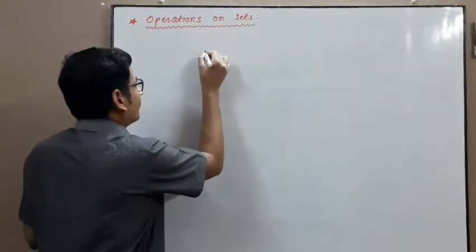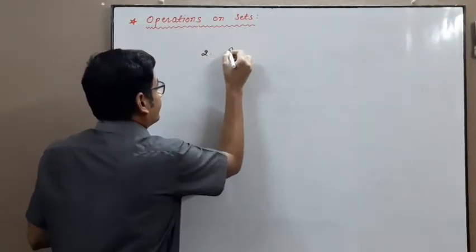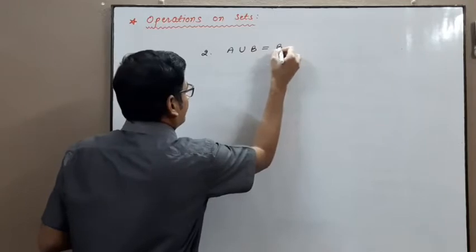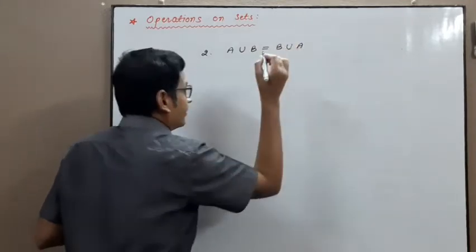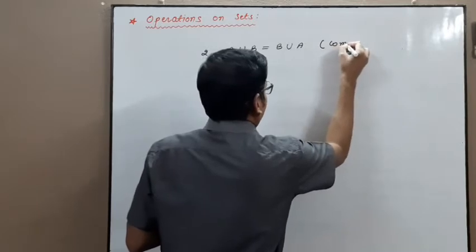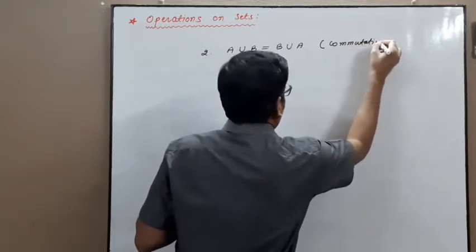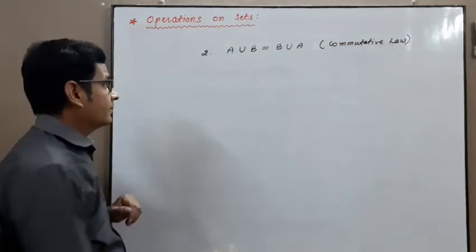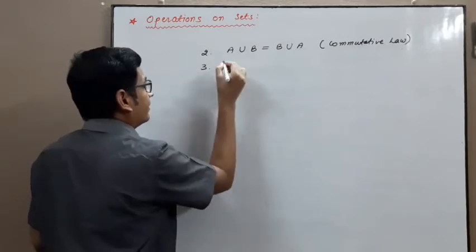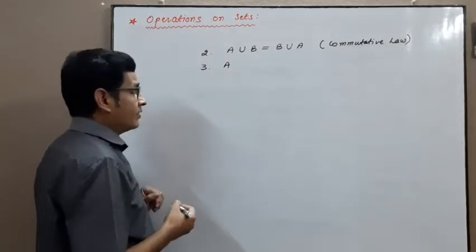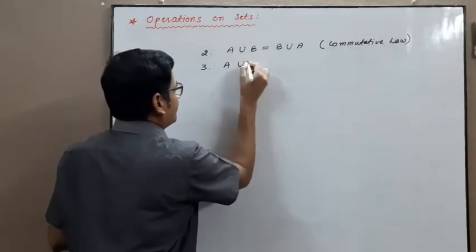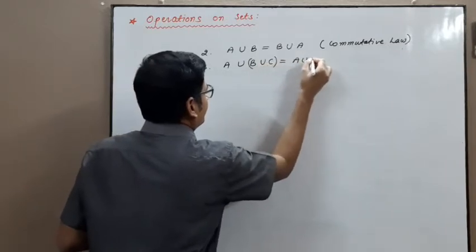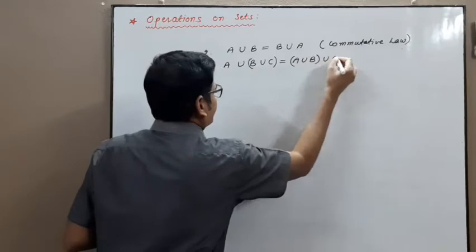Remark number 2. Sets are commutative with respect to union. A union B is equal to B union A. Commutative property, or commutative law. Third, sets are associative with respect to union. Means (A union B) union C is equal to A union (B union C).